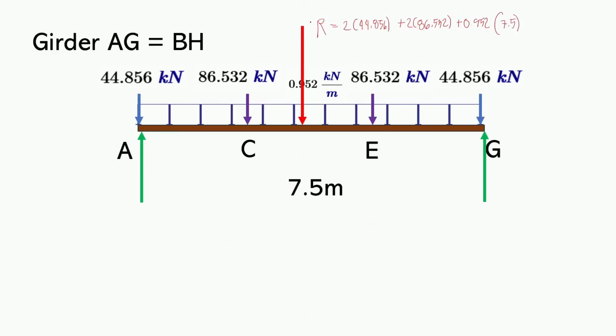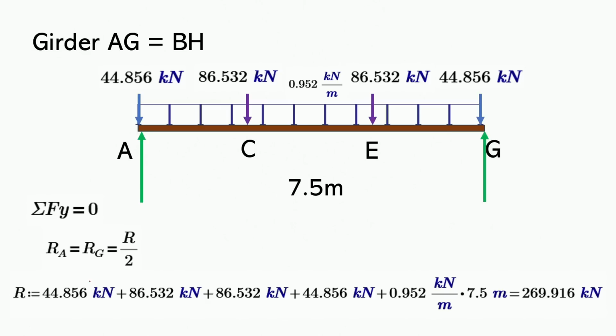And so this is the total load carried by the beam if we convert it into a concentrated load. And then to get our reactions, we will just divide R by 2. And so this is it. Two times 44.856 plus two times 86.532 plus the resultant of the uniformly distributed load caused by the self-weight of the beam. And so that will give us 269.916.